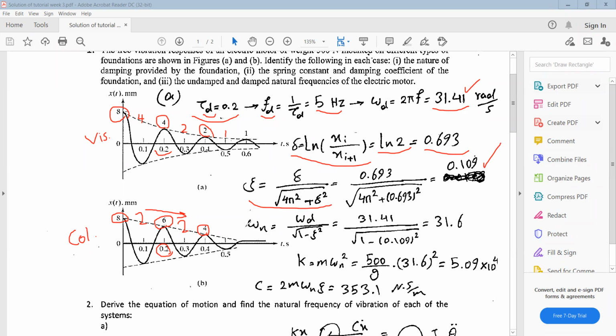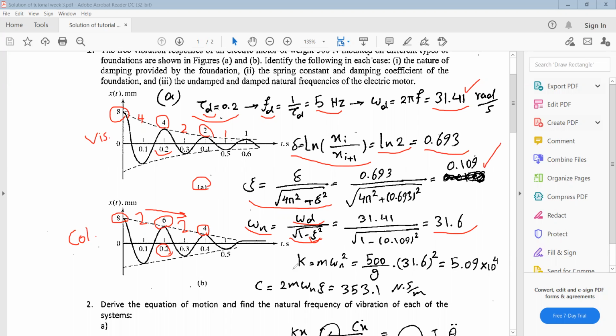And now you can find the natural frequency, because this is a damped system. The natural frequency of the system is equal to the natural frequency of the damped system divided by the square root of 1 minus psi squared, where psi is the damping ratio. Now we can substitute, so the natural frequency of the first system in part A is 31.6.